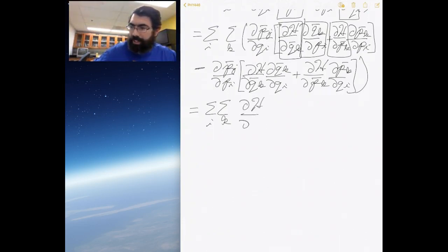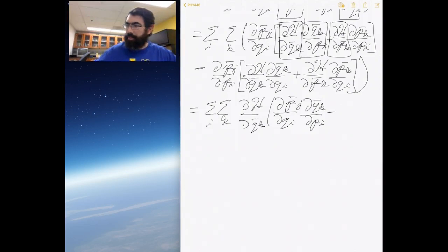This one will be dH/dq bar, and when I do that I get dp bar j/dqi times dq bar k/dpi, minus dp bar j/dpi times dq bar k/dqi.